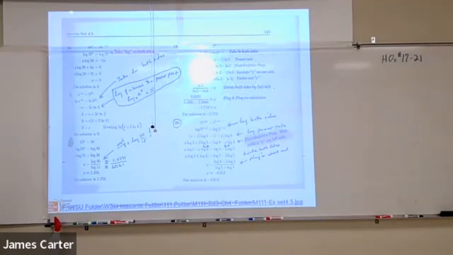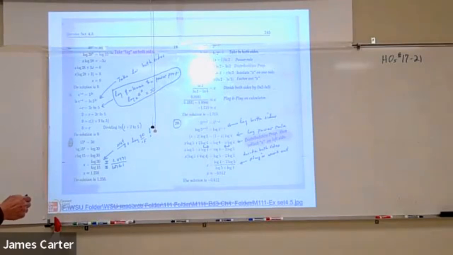Let's look at what they did on problem number 12 up here. I can't read that. 28 to the x equals 10 to the minus 3x power. This is an unsolvable exponential.